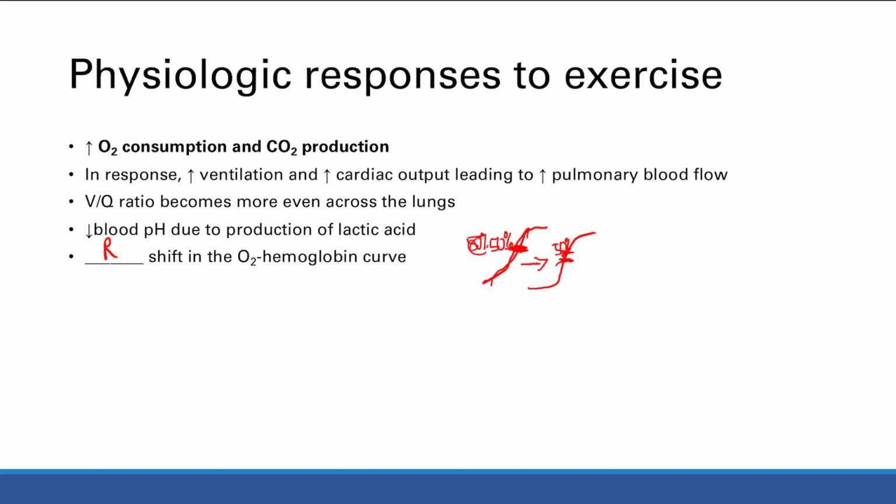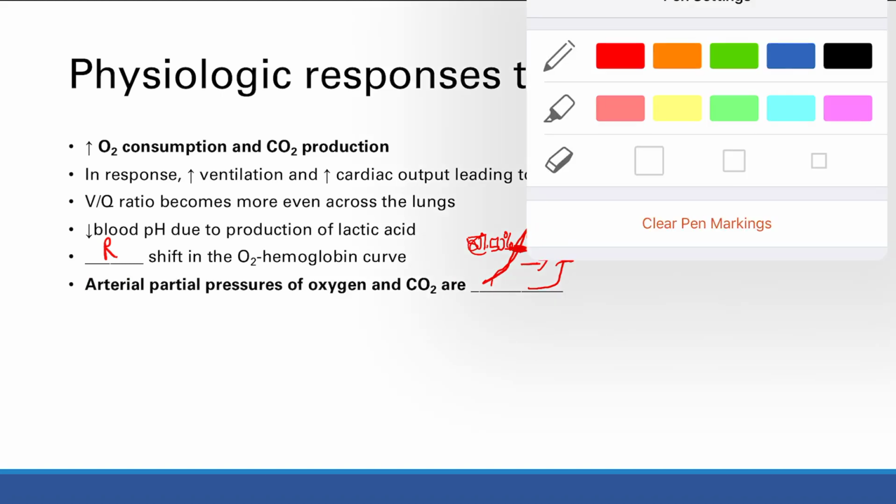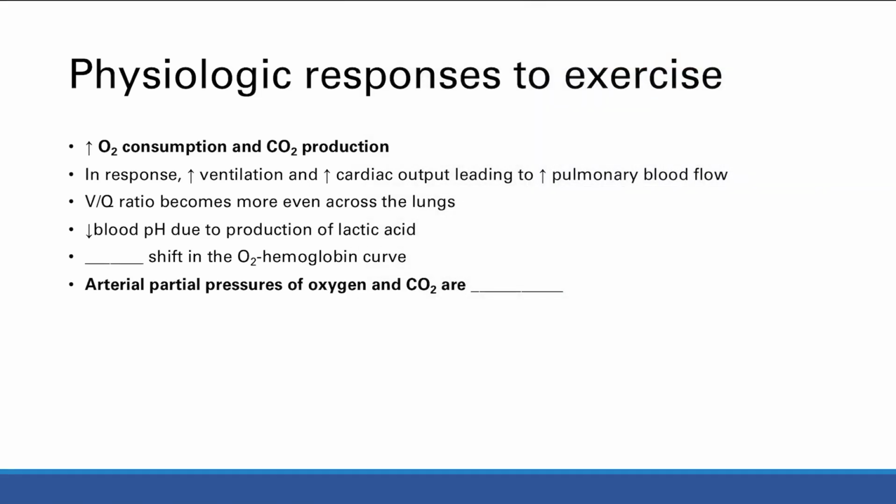Finally, what's going to happen to the arterial partial pressures of oxygen and CO2? Are they going to change at all? You might be tricked here and think they're going to change, but the answer is arterial oxygen and CO2 are going to be normal. Okay? And that's because, yes, we are consuming more oxygen and producing more CO2, but once we get to the lung, we have all these different responses. We have increased ventilation, increased cardiac output, we have this nicer VQ ratio.